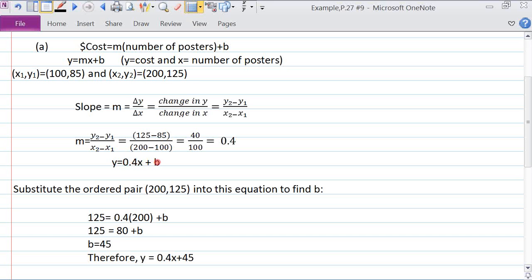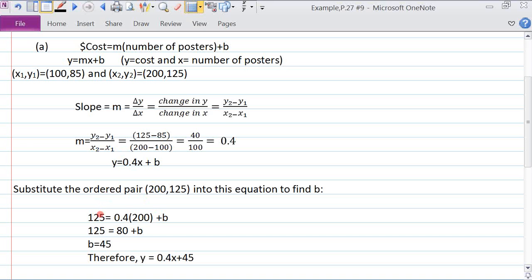But what we can do is take the ordered pair 200, 125 into the equation. Let's say take this one here, or we can do the other one. It doesn't really make any difference. We'll get the same answer, but we'll put 125 for the Y and 200 for the X right here.